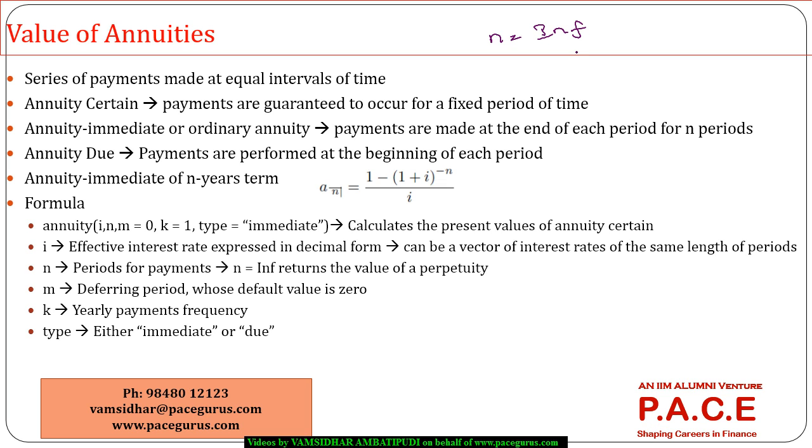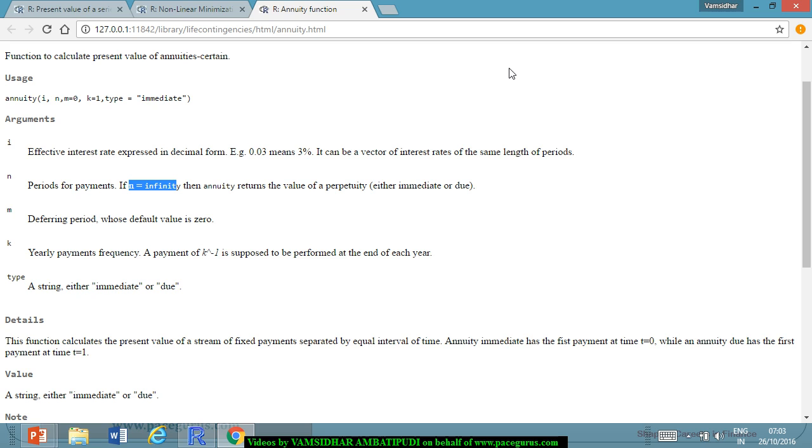Generally we are talking about payment for 10 years, 15 years, then they are regular annuities. But if n is set as infinite, which is forever, we call that annuity a perpetuity. Forget about whether it's an annuity due or a regular annuity. If the time period is for an infinite number of years, we call that a perpetuity.